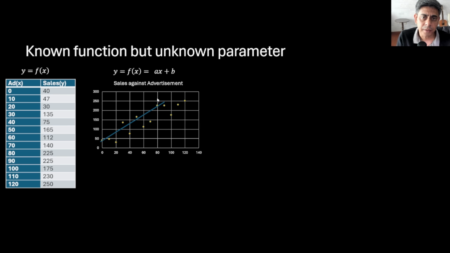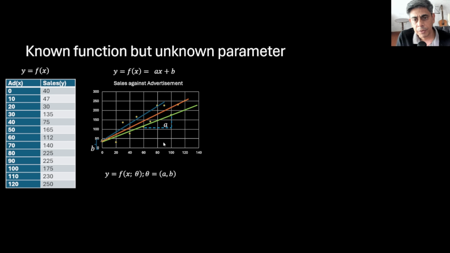But the problem here is that we don't know yet what is the proper line, whether the blue line, red line or green line properly represents this set of data. So in this case, which line is the best line will depend on what is the intercept from where it is starting, the b, and what is the slope of the line.